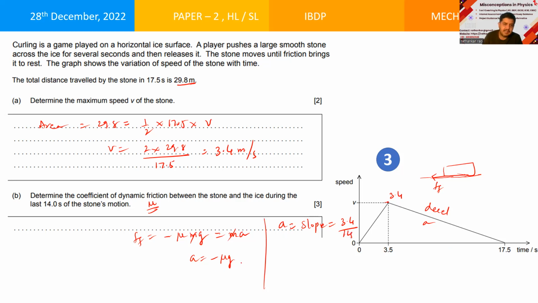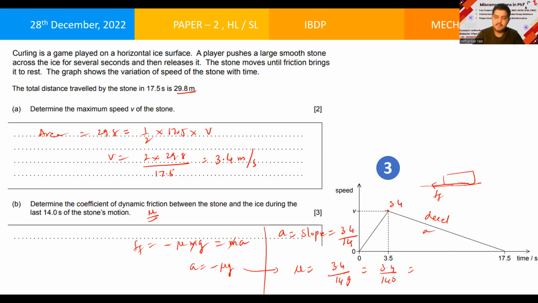Now what I will do is I will take this value and I want the value of mu, which should be 3.4 divided by 14, and this g I'll push it downwards. So when I do this, I get 3.4 divided by 140, right? Let us find out what is that value. 3.4 divided by 140 should be 0.024.